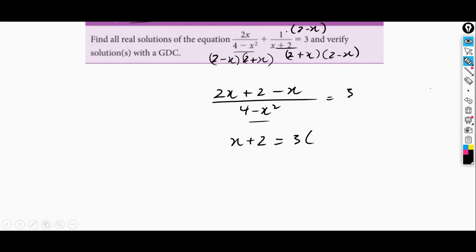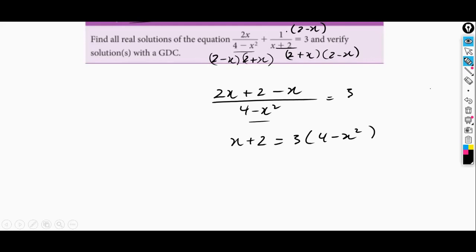So we are going to get the expression 2x plus 2 minus x over 4 minus x squared is equal to 3. Now we simply multiply by the denominator, and we're going to get x plus 2 is equal to 3 times 4 minus x squared.